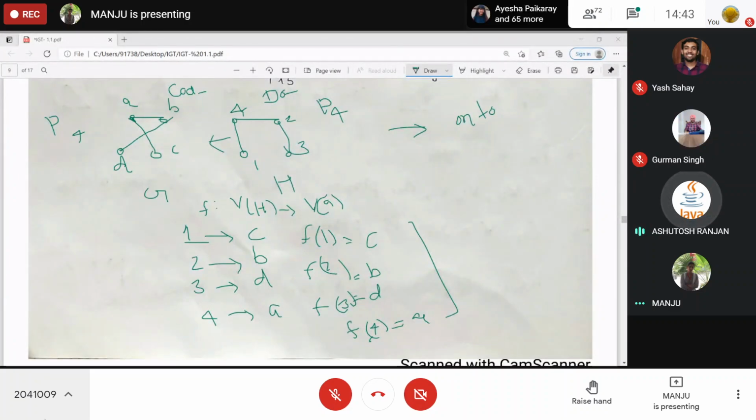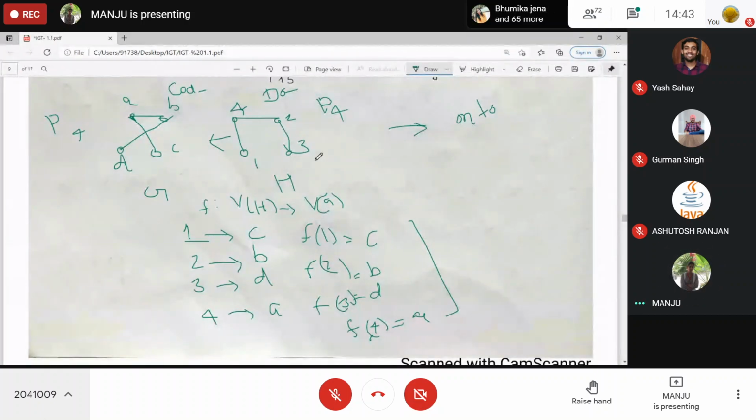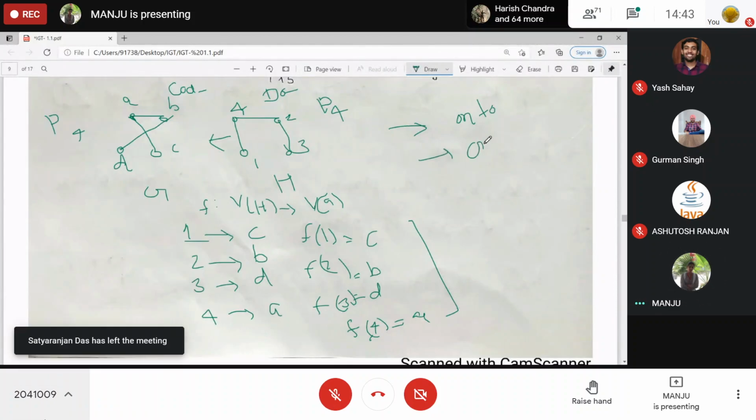Ma'am, every element from the first set H has one image. One image means different elements have different images. Clear? Distinct images. So here you can see different elements have different images, right? So that's why it is one-one.